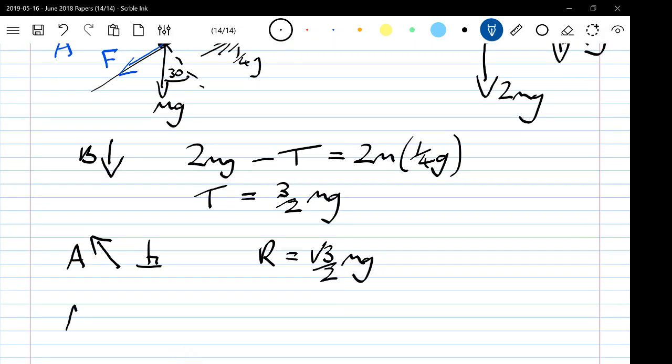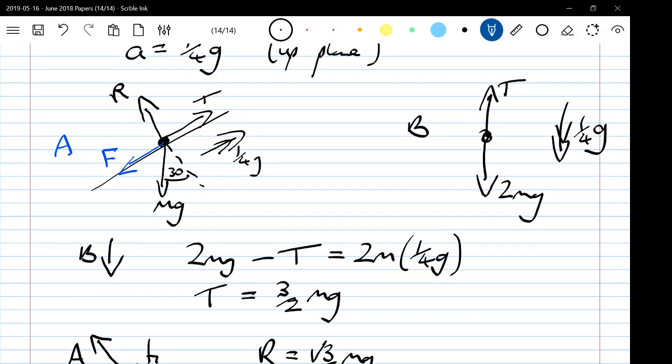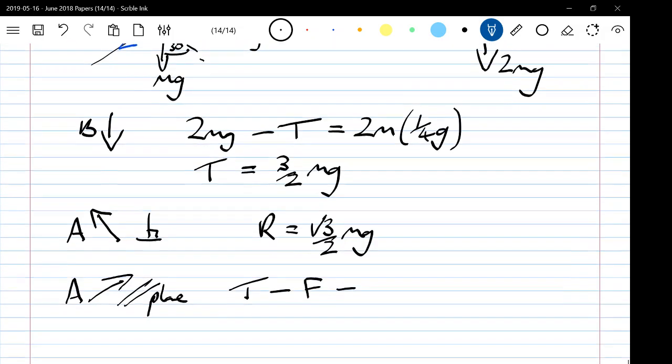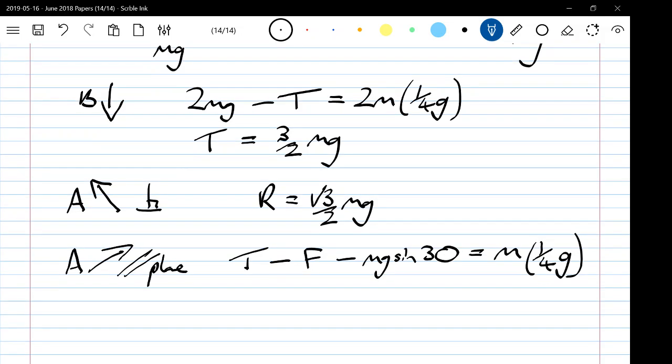Now if we think about A going up the plane, looking at my force diagram, I've got T minus F minus mg sine 30. So same deal as before, although we've got F in the other direction, is the mass times the acceleration, which we now know to be 1/4 of g. So let's put things together here.